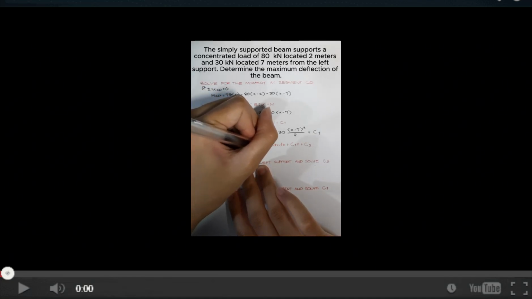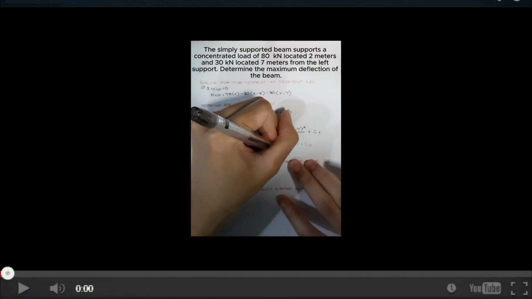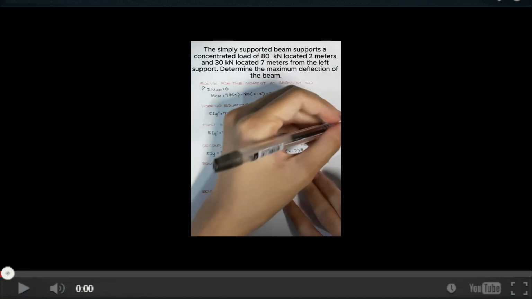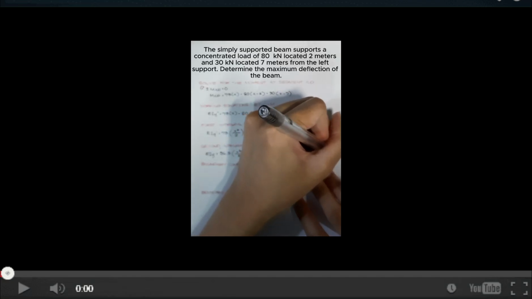Copy, cube over 3. 30 divide 2, that is 15. Cube over 3 plus c1. Then mag-add tayo ng constant x plus c2. So for the second integral naman, mag-add tayo lagi ng x kay c1 plus c2.